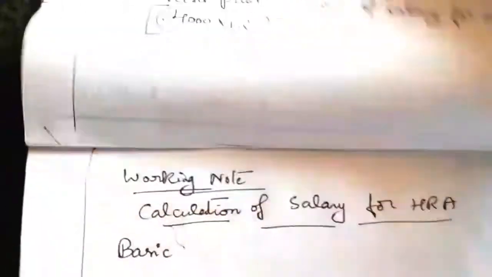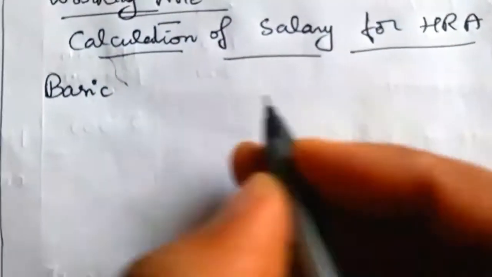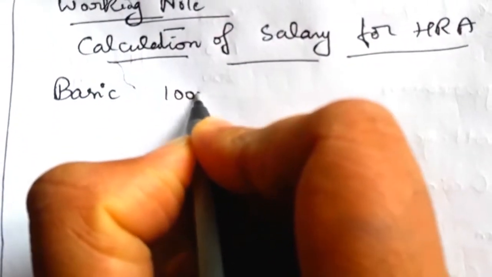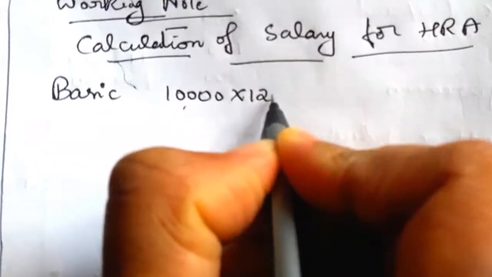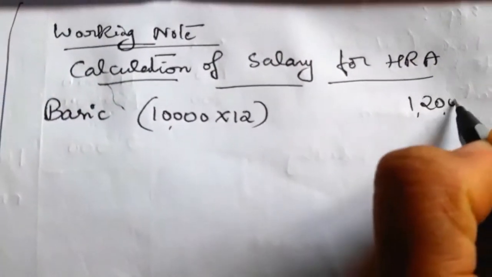What is the basic salary given in the question? Basic salary is 10,000 per month, and 10,000 into 12. Here there is no relevant period, so that is nothing but 1,20,000.